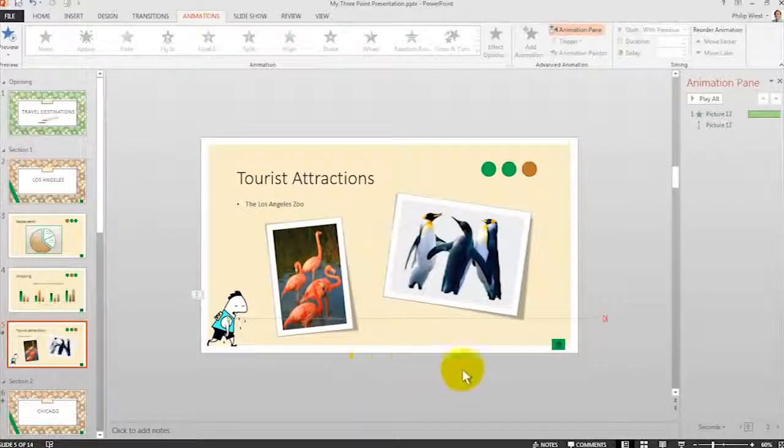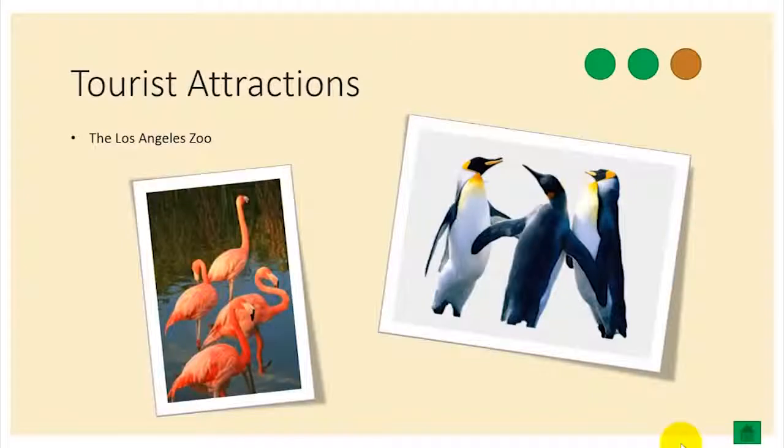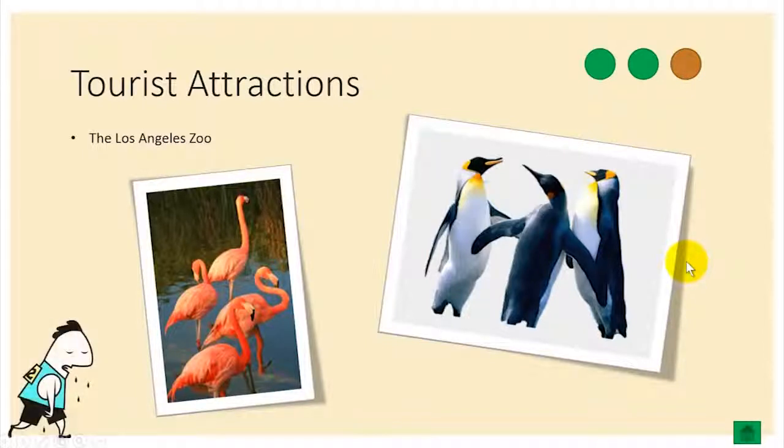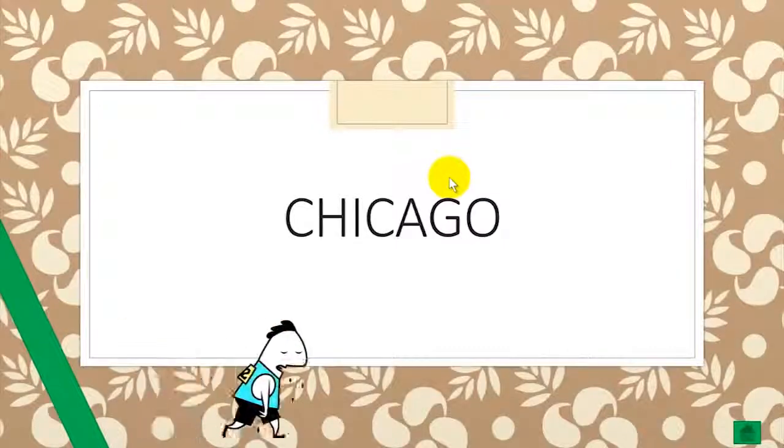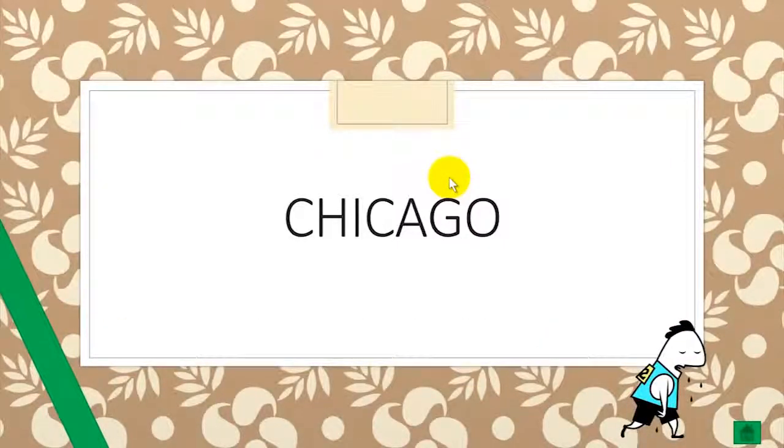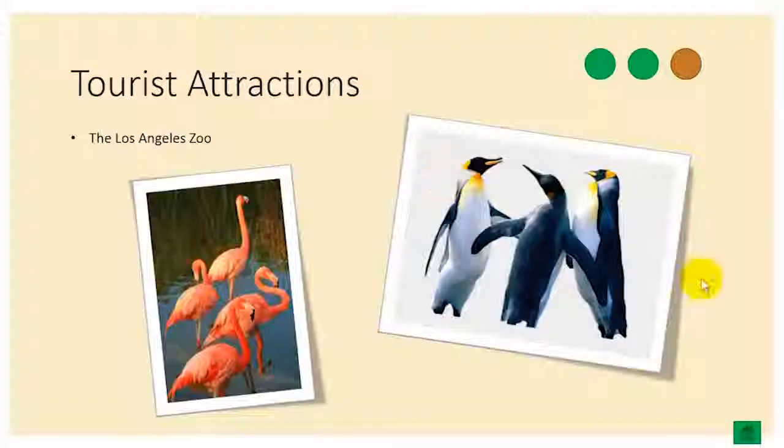So I'll do another run-through of my presentation animations by clicking the presentation view. I'll trigger the animation by clicking the slide. So here he fades in, and he's on his way. And when I go to the next slide, there he is. So let's look at that once more.